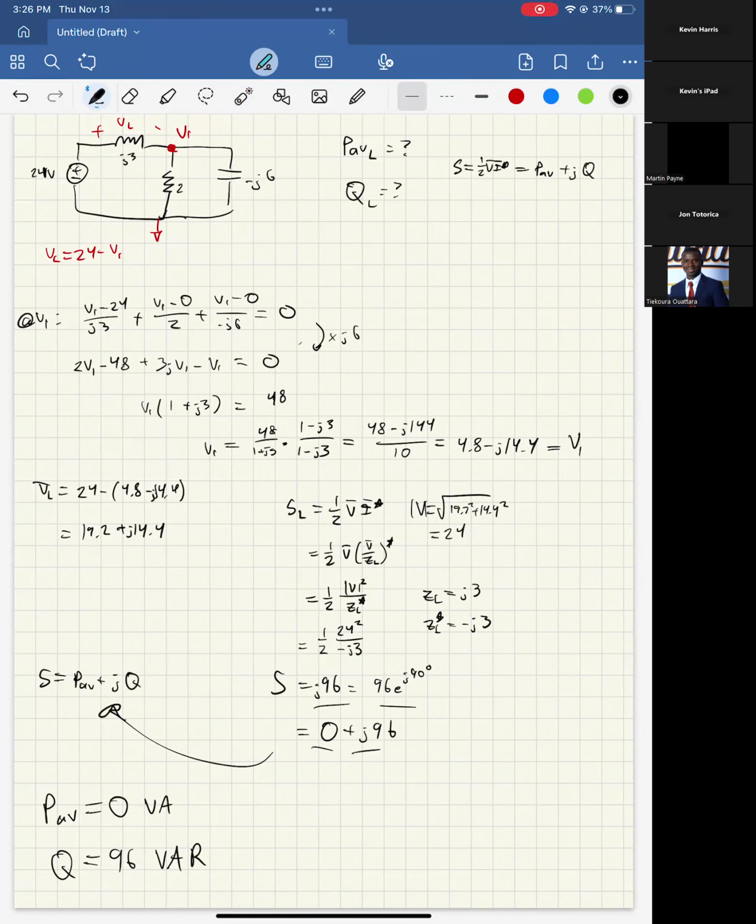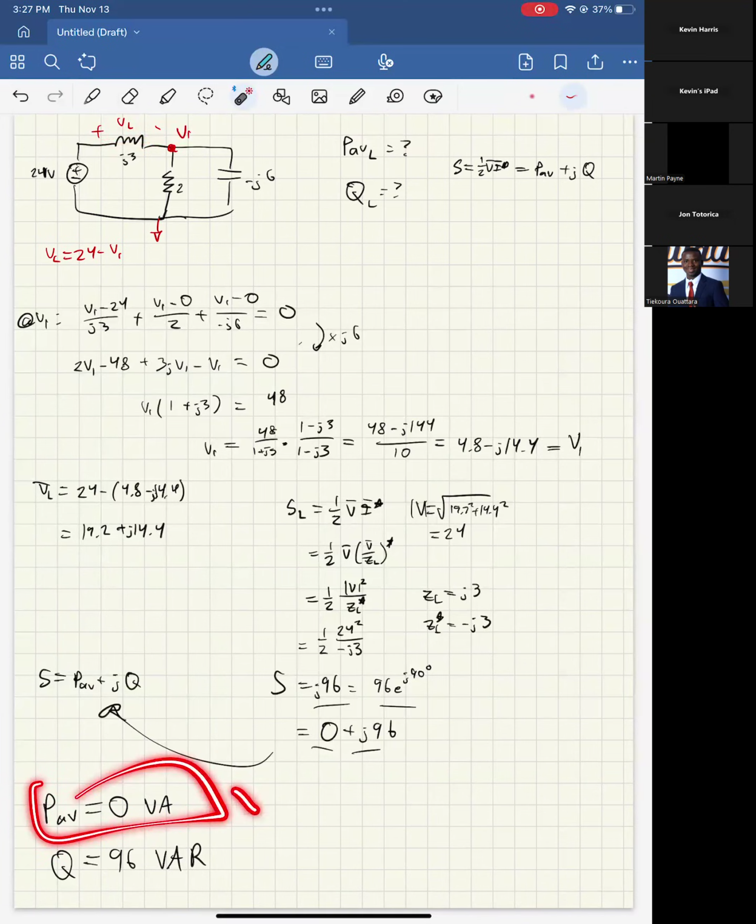Just as a gut check, thinking back to what all this means, this is saying that in an inductor, which is just a loop of wire, there's no resistance, right? It's saying that no real power gets dissipated. This makes sense. There's no power getting turned into heat in an inductor. It's just being stored in the magnetic field or being released from the magnetic field back as current.